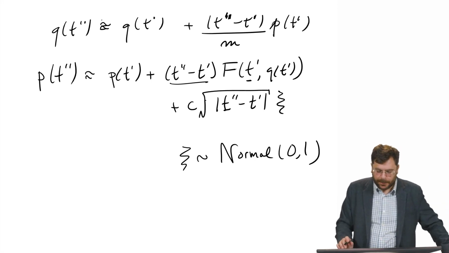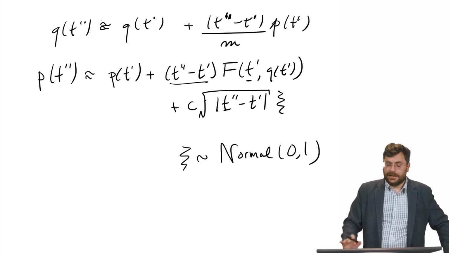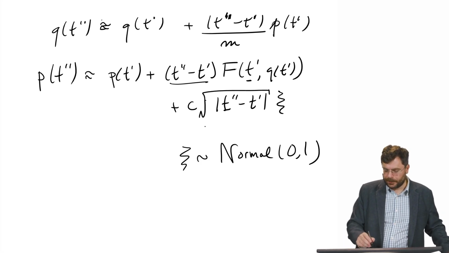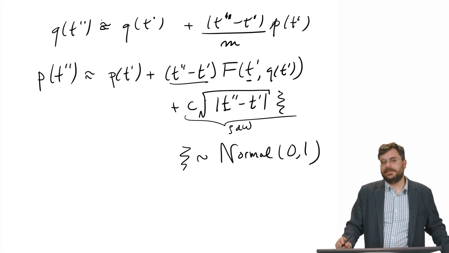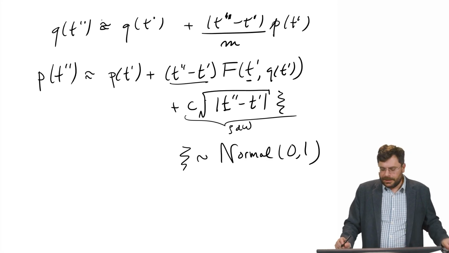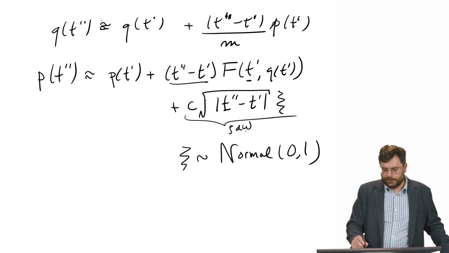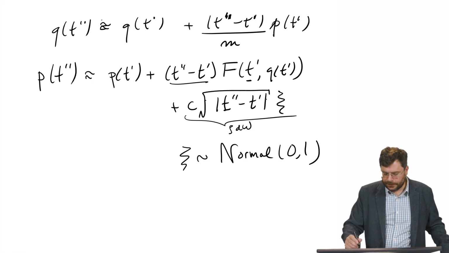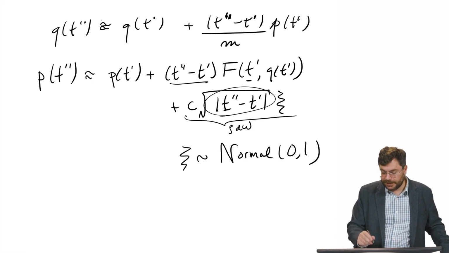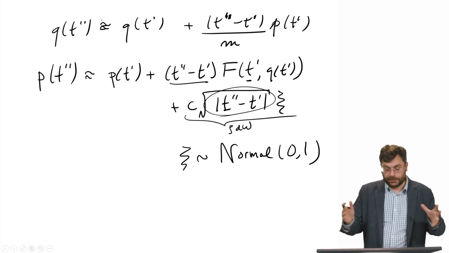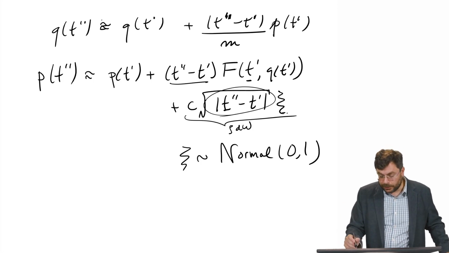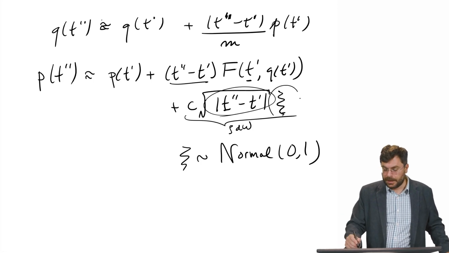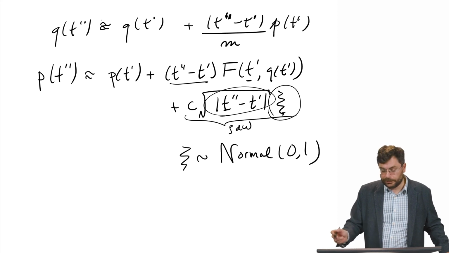Now, what have I done, or how is this different? Earlier, remember, I had written this as the integral of dW. But my integral of dW is simply the equivalent of the scale that I'm integrating over, sort of the standard deviation, multiplied by my normal random variable.